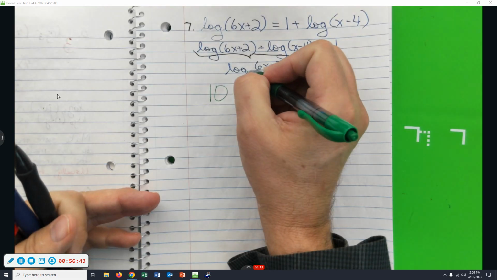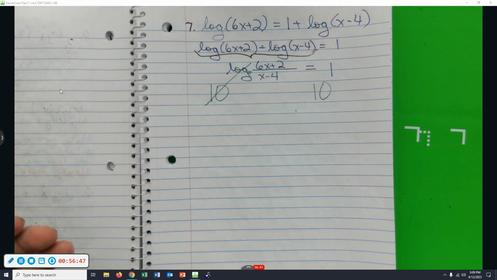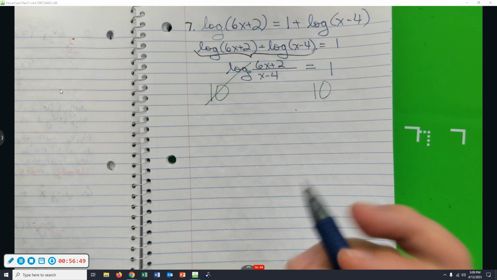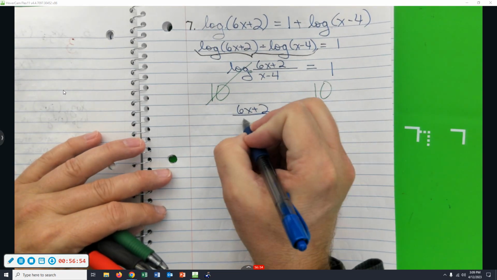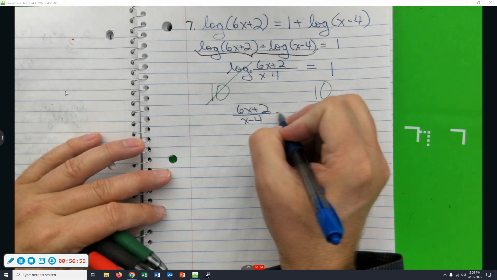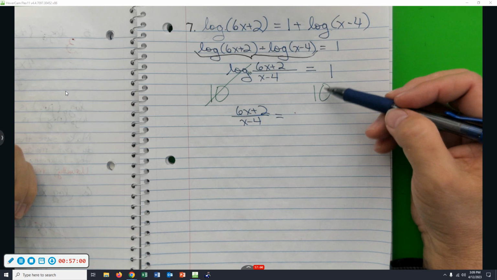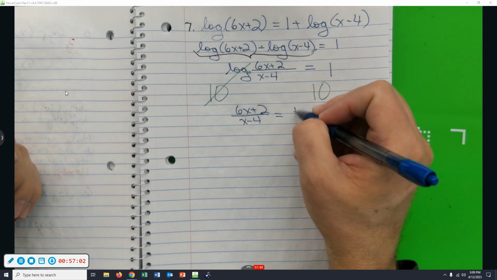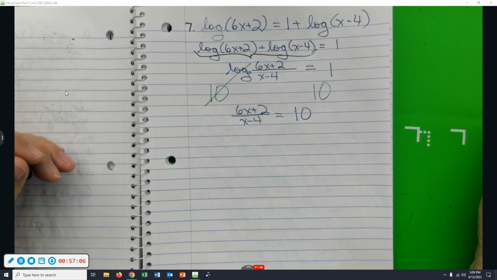Realize that's an assumed subscript of 10, and 10 to the log cancels out, leaving us just 6x plus 2 all over x minus 4 is equal to, what have we got on the right? 10 to the first power is 10. Any questions on our logic there?